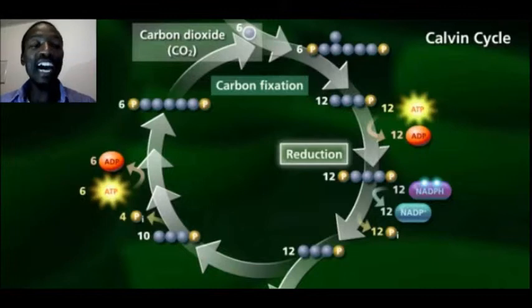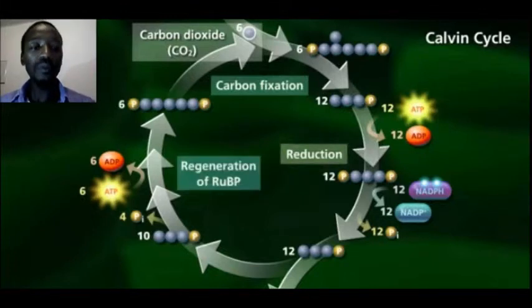So it's CR: we fix it, we reduce it, and after that we regenerate. Now I want you to look at this. There are two parts in which ATP can be regenerated along the Calvin cycle, whereas NADPH can only be regenerated once, with rubisco.